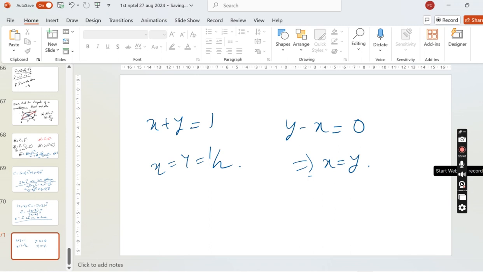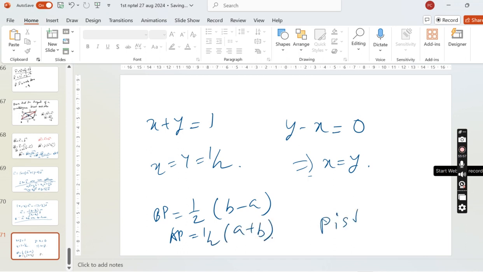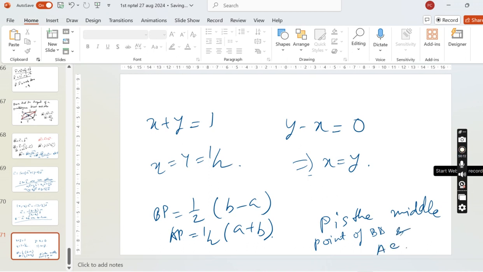So basically BP is half of b minus a, AP is equal to half of a plus b. So P is the middle point of BD and AC. So basically the diagonals of the parallelogram bisect each other.